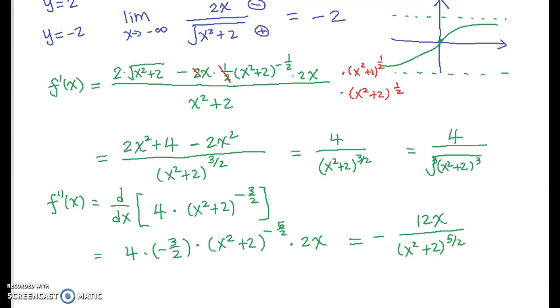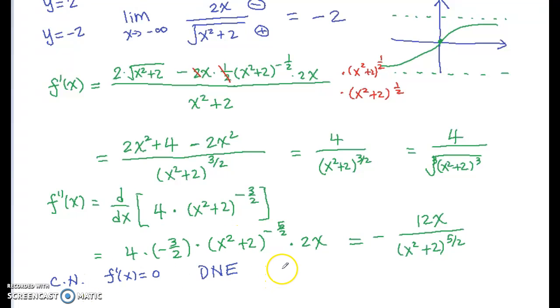Now, in order to find the critical number, we take a look at f prime of x equals 0. But as you can see, it's 4 over something. The denominator is non-zero. Numerator is 4. It can never equal 0. So that's no critical number, so DNE.